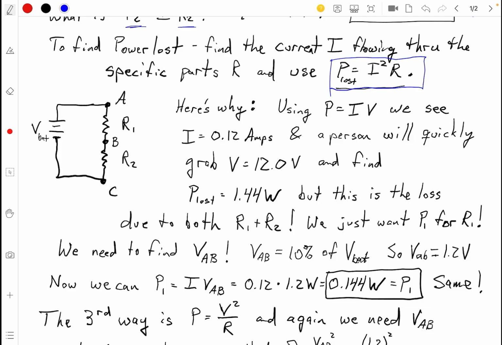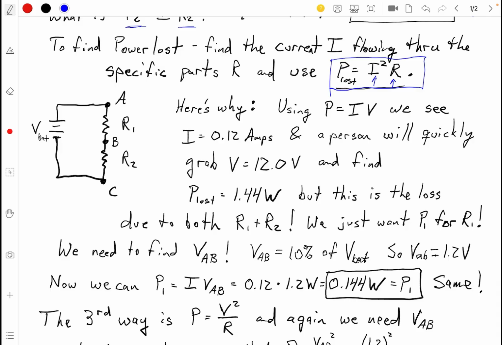And if you know exactly the amount of current going through that object, the resistor, you can get your power lost, or power used, or however they say it. They'll say what's the power dissipated, for example. Well, that is this power. So you have to figure out what the current is through that very resistor that you're talking about, and then you can do it.